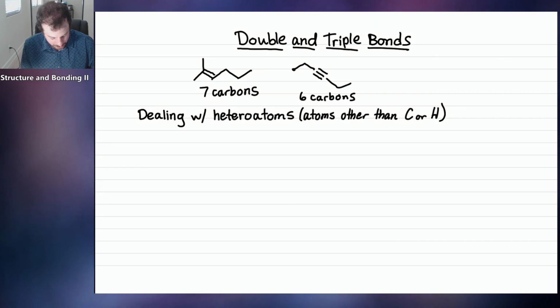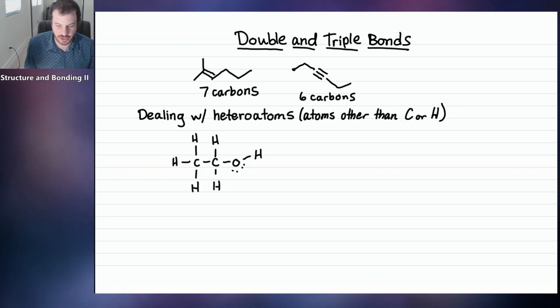So let's take a look at a Lewis structure type drawing first. Okay, there's a Lewis structure. It took me forever to draw it. How can we replace this into bond line form? Well, we have carbon and carbon connected to each other, so that'll just be a line. Remember that this is a carbon and this is a carbon. And then connected to one of those carbons, we have an oxygen, so we'll draw another line down and then put an oxygen there.